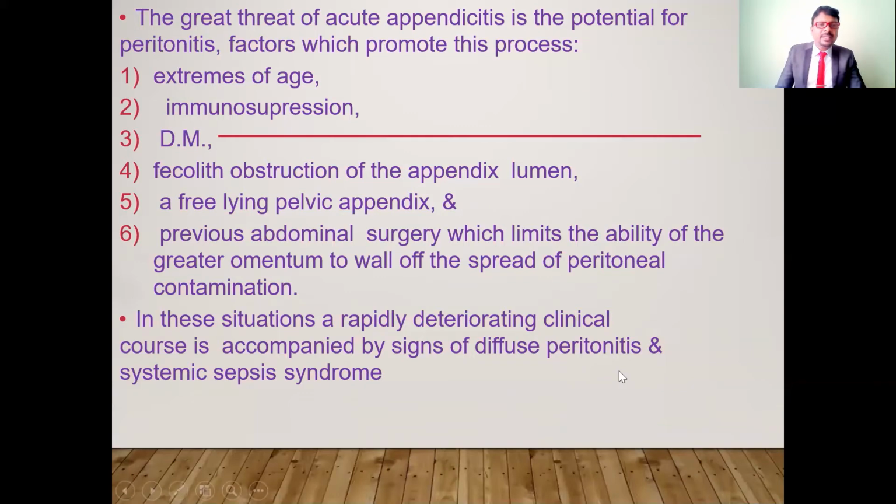Coming to this, the great threat of acute appendicitis is the potential for peritonitis, that is, inflammation of the peritoneum. It is associated especially with the extremes of age, or in anybody having immunosuppression, immune deficiency, diabetes mellitus, and also fecalith obstruction, meaning fecal material obstructing the appendix.